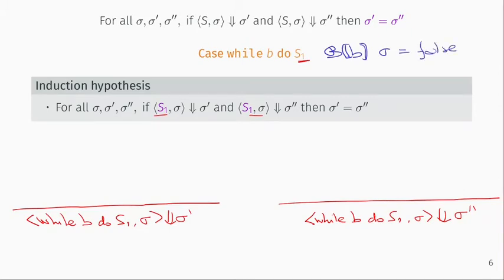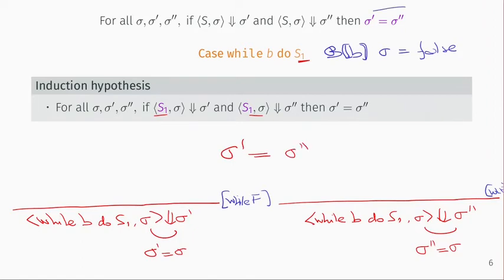This means that at both sides, both derivations, we have applied here the rule while f, and here the same while f. So this rule says that sigma prime equals sigma, and this rule says that sigma second equals sigma. So at the end we have sigma prime equals sigma second because both are equal to sigma, and this is what we wanted to prove.